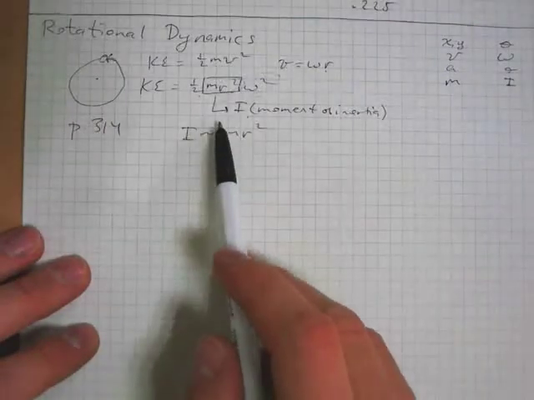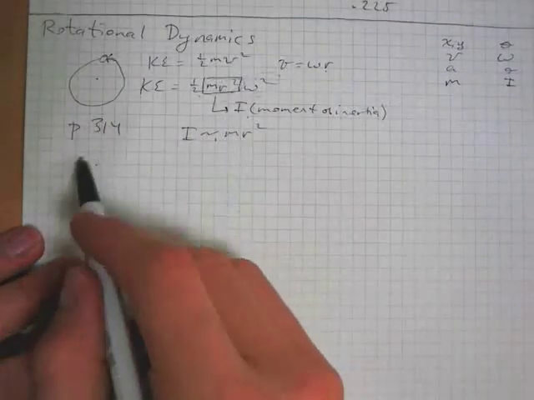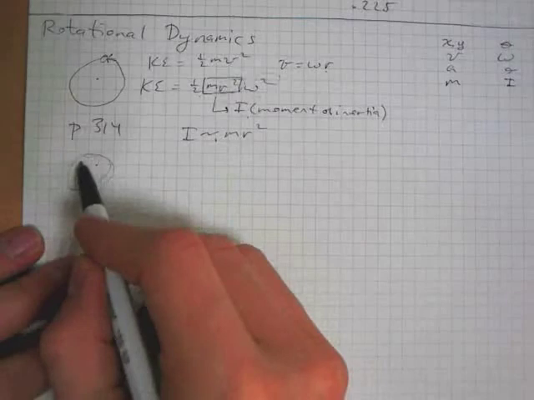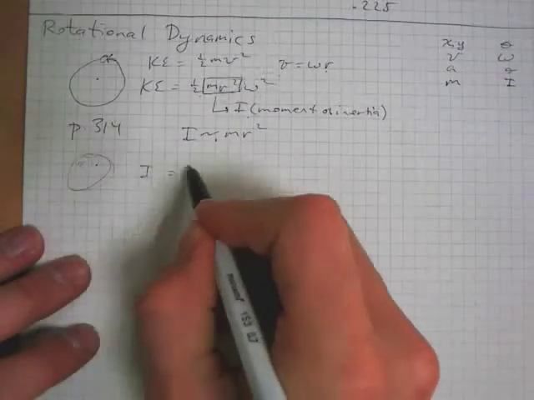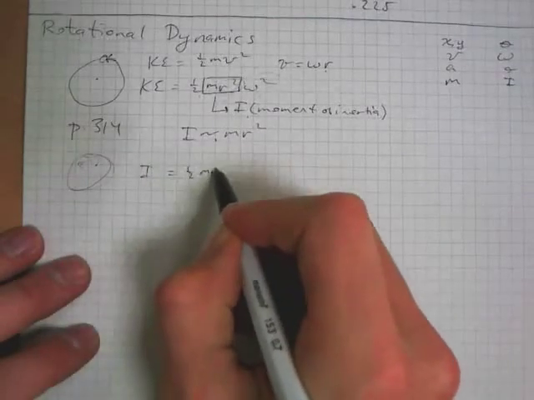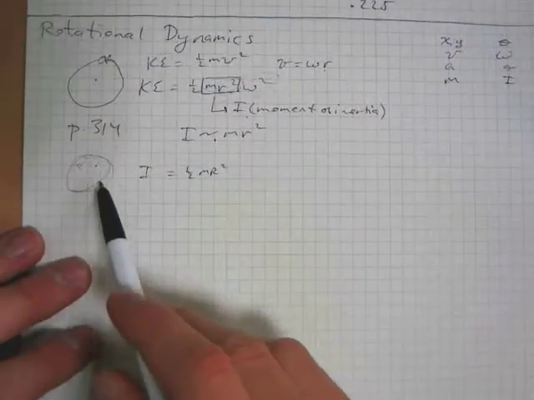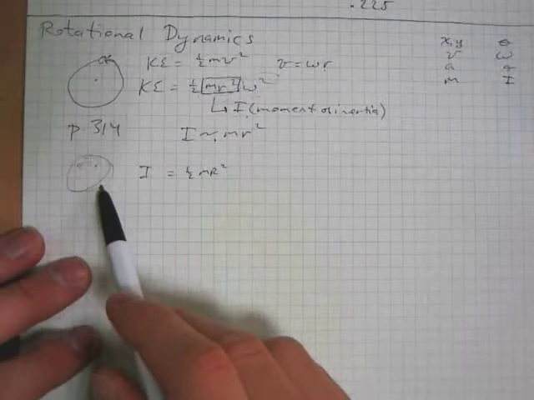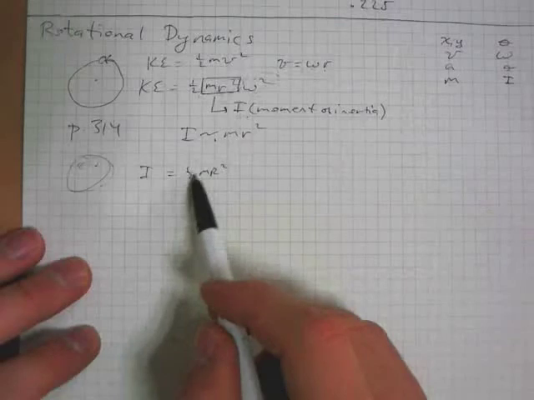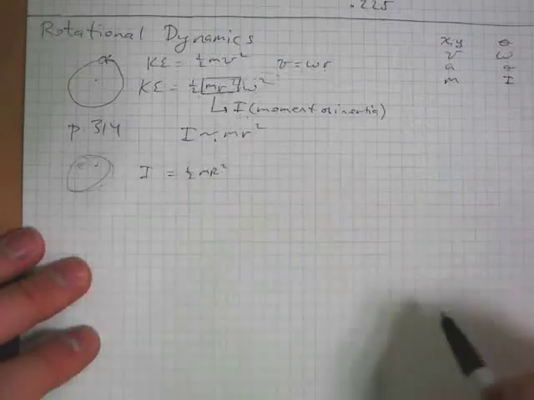For example, a solid disk that's rotating has a moment of inertia of 1/2 mr squared. And then I believe a hollow sphere is 2/3 and a solid sphere is 2/5. They all have these different fractions out front.